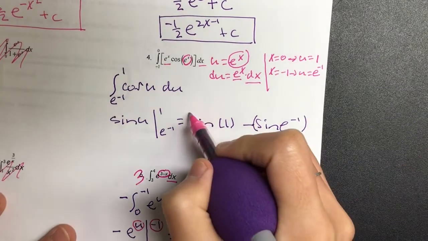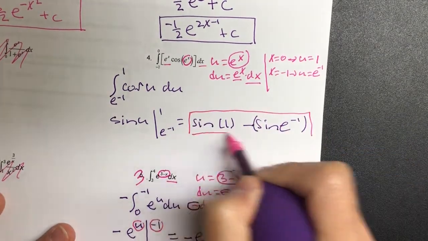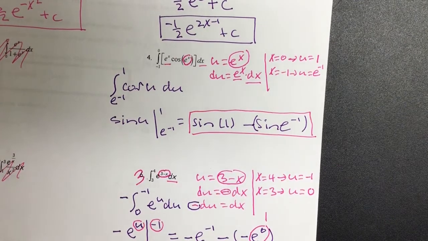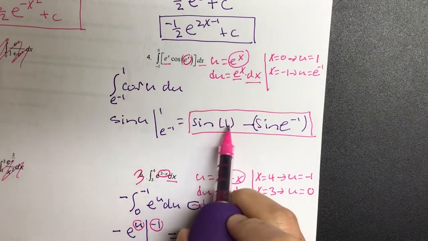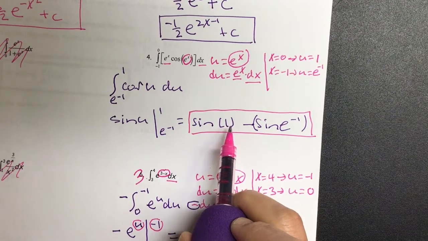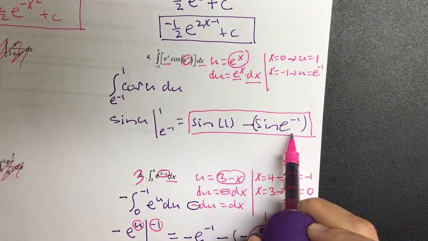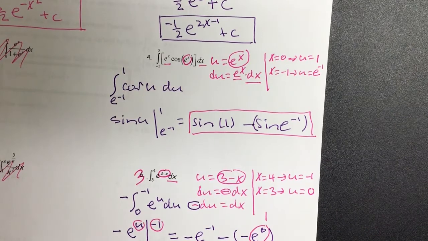At this point, there's nothing you can do. For those of you thinking about a 30, 60, 90 triangle, that is not 30, 60, 90 at all. At the degree of 1, we don't know anything about sine unless you're a calculator. Same idea here. So we can't go on any further.